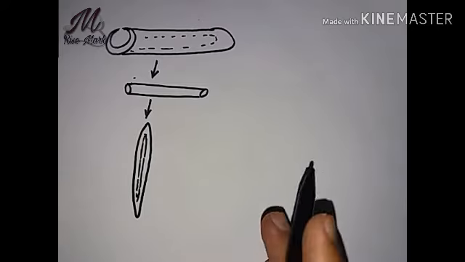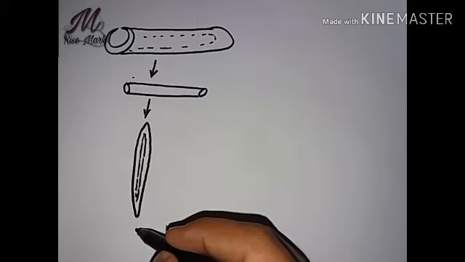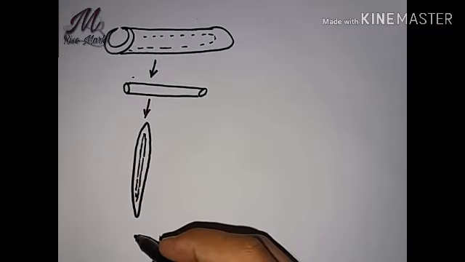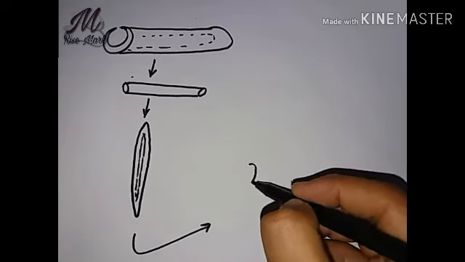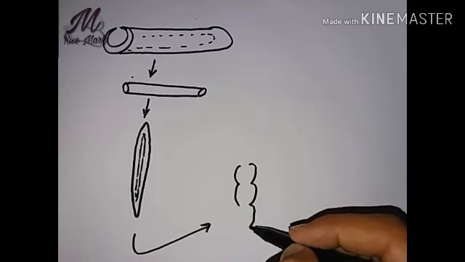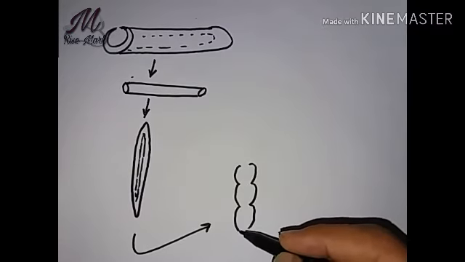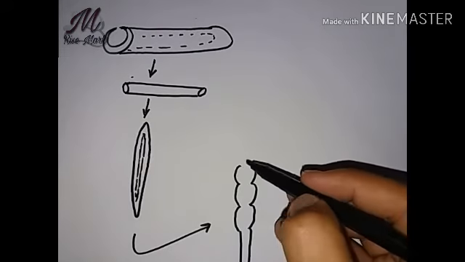Then three bulges or dilations start developing in the neural tube. These dilations are known as primary vesicles. In simple terms, the primary vesicles start developing at the cephalic end of the neural tube.